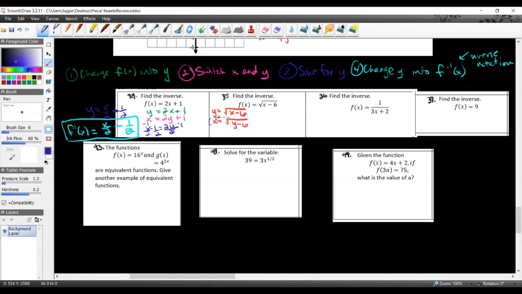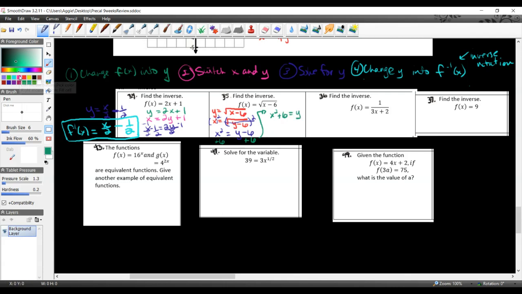So square, square, that gives me x squared is equal to, that's gone, so y minus 6, okay? And then I'm going to add 6, so plus 6 plus 6, and that's going to give me x squared plus 6 is equal to y, and that's pretty much it.